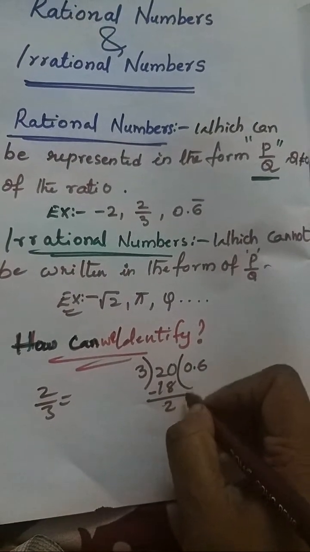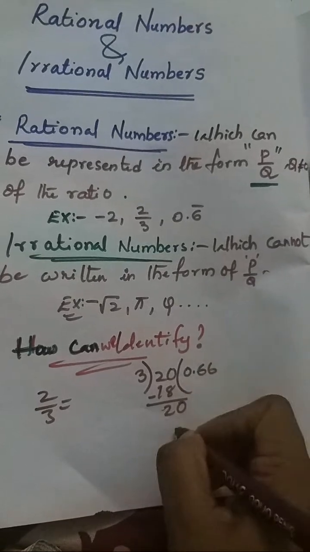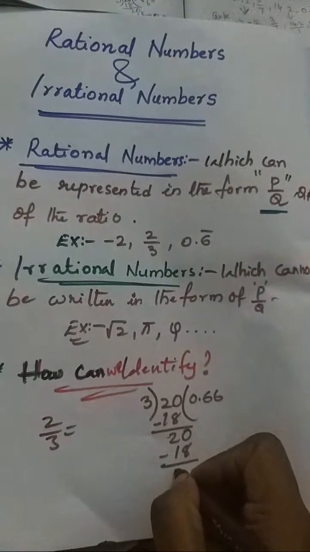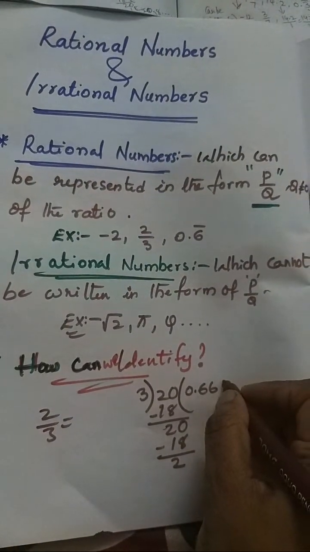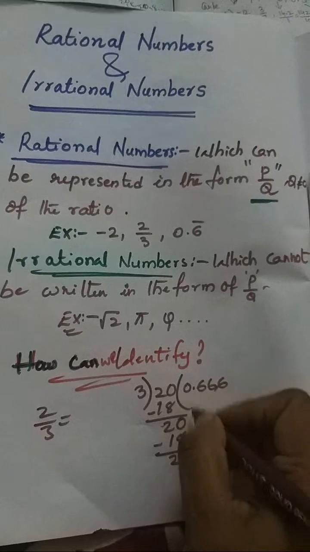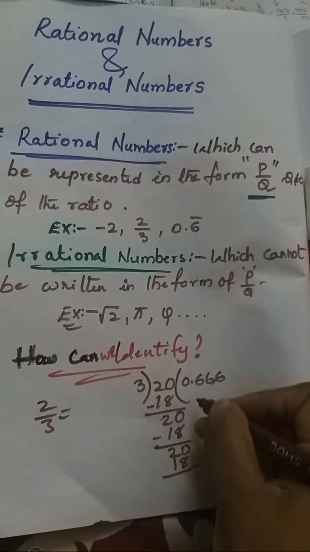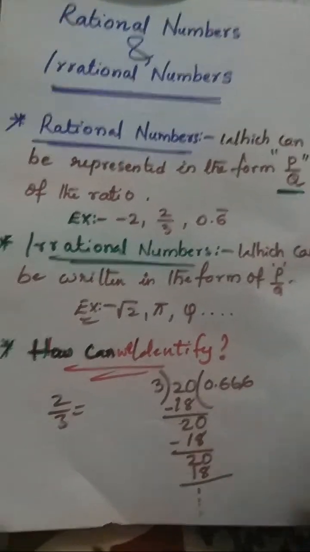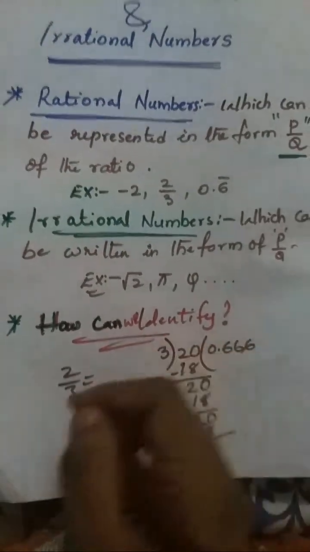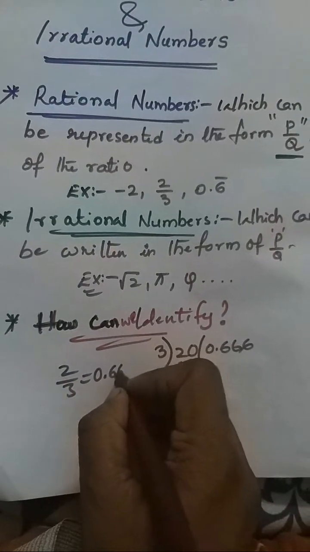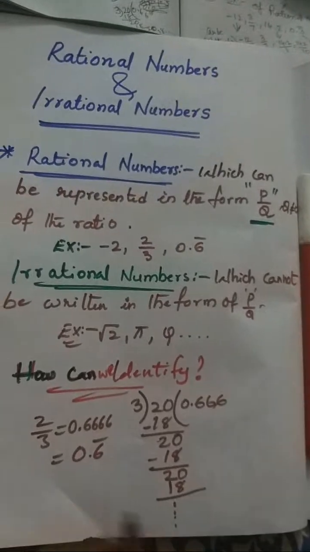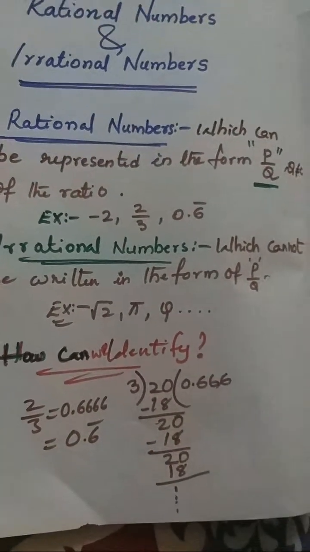Now we take 0 here, again we write 6 18, subtract, and get 2 again. The decimal point is already taken, so this repeats, and the number is written as 0.6666, so 0.6 bar.